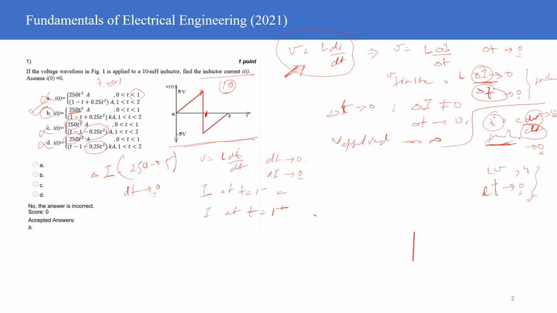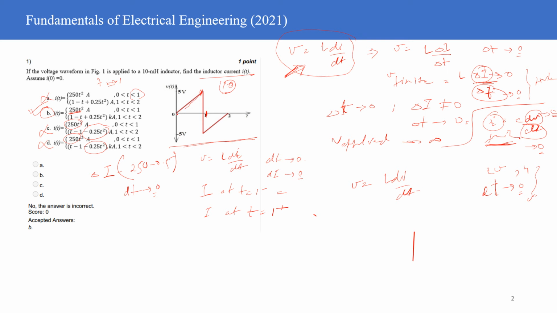But let's stop here for a while and try to solve this question more methodically, right? So how would you approach this particular problem? You have your voltage with you. V = L di/dt is still going to be applicable. But now what is the voltage here?